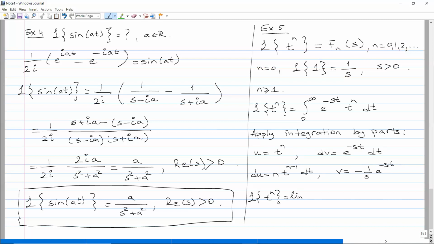So the Laplace transform of t to the n is the limit as m goes to infinity of u times v, minus 1 over s t to the n e to the minus st for t from 0 to m, and then minus the integral from 0 to m of v du, so it becomes plus n over s times the integral of t to the n minus 1 e to the minus st dt.